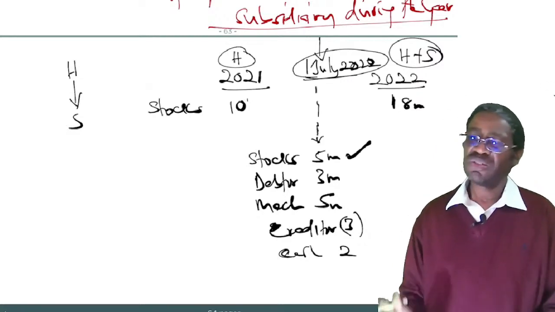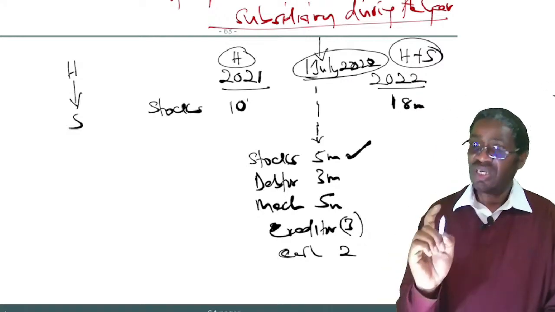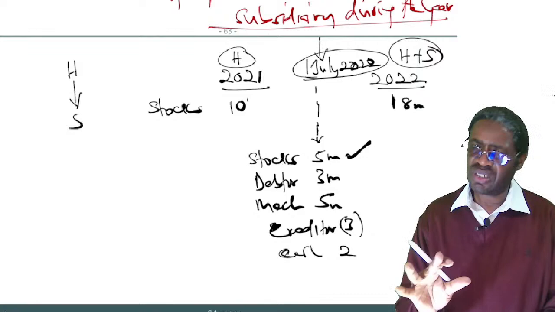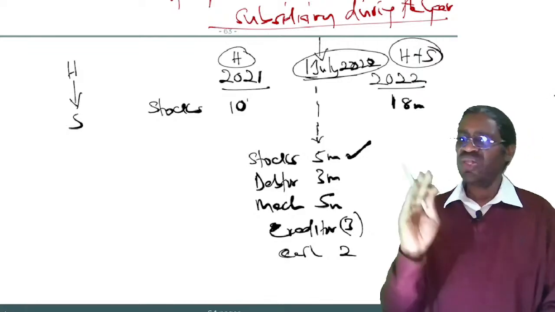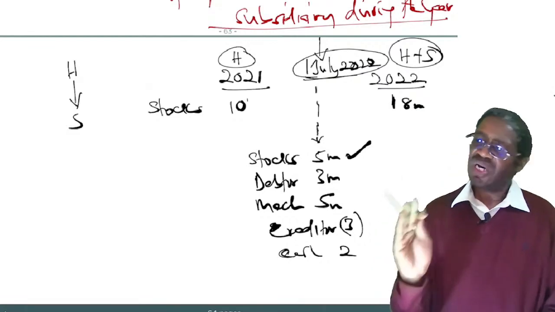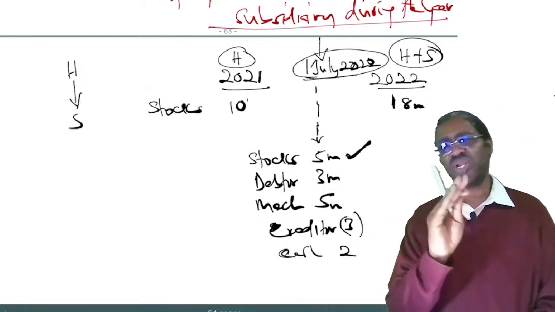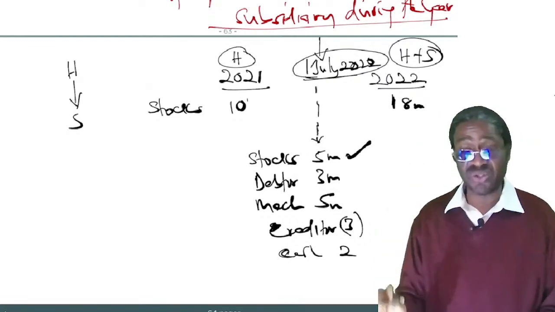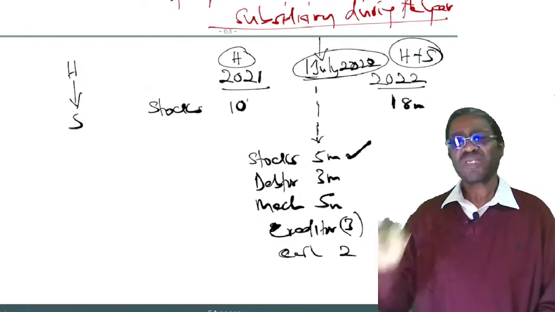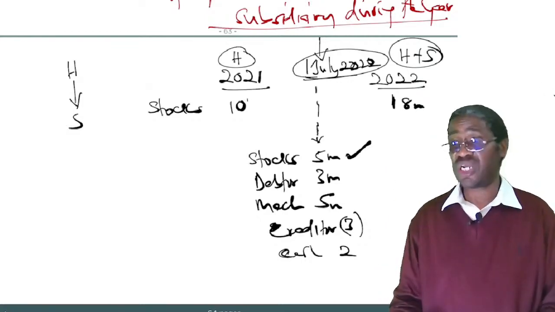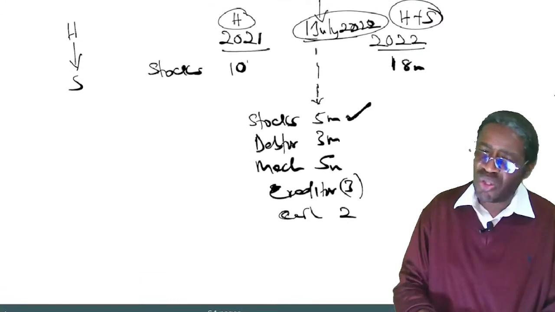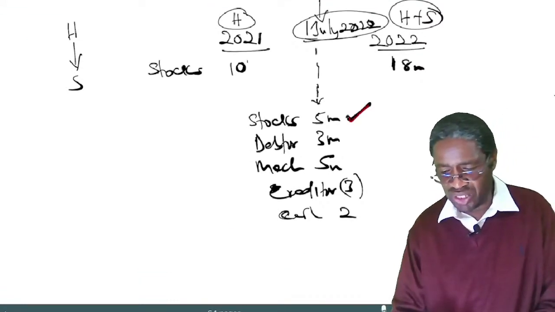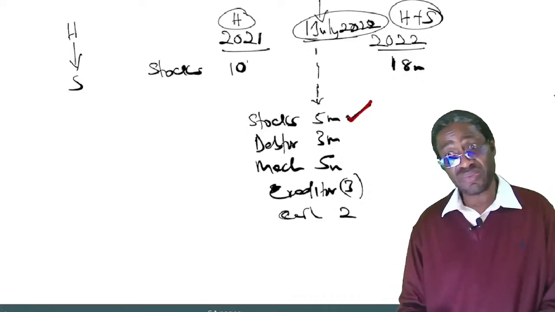For example, I've just said, in normal circumstances, I would have compared the stocks last year with the stocks by end of this year, and that would give me what we call either an increase or a decrease in stocks. But here is a case: we acquired a subsidiary company on 1st July, and it came into the group with its own bunch of stocks amounting to 5 million.